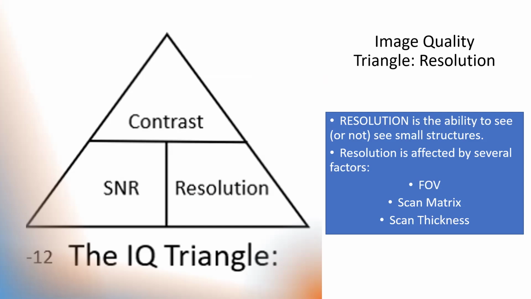You're going to adjust your field of view, matrix, and slice thickness to the body part. You're not going to do very small field of view on big body parts. You're not going to be doing a 200 field of view on a liver unless someone's really, really small. So they are going to adjust depending on the body part.